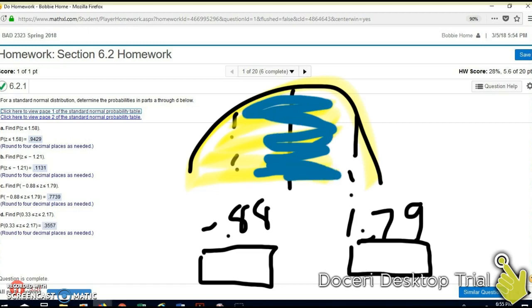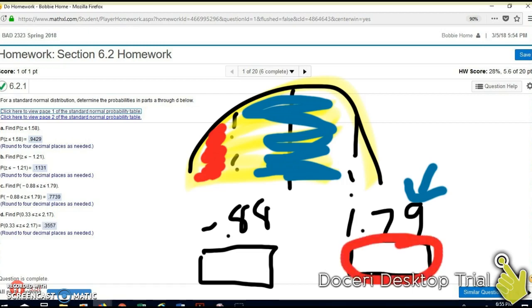So we get the z-score for this one, and the reason we need the negative 0.88 is that it's going to give me everything right here. When I get the negative 0.88 probability, I can take the probability for 1.79 and subtract out the part we don't want, which is this right here.